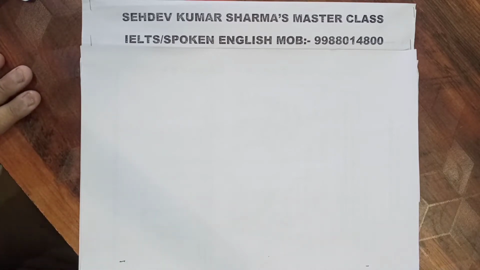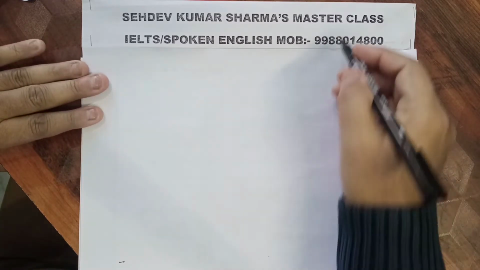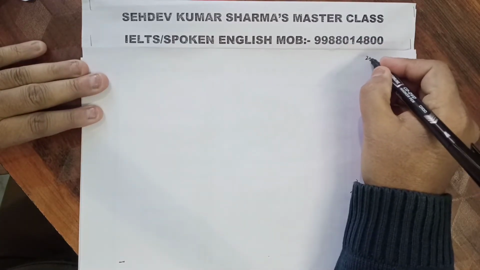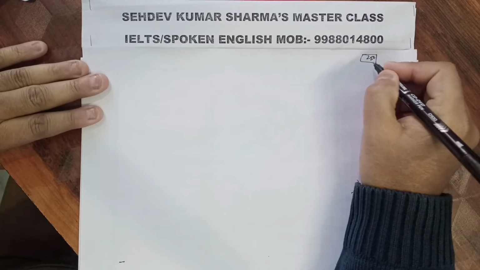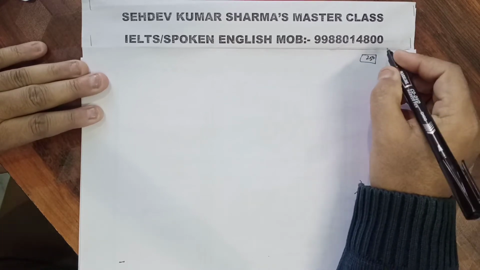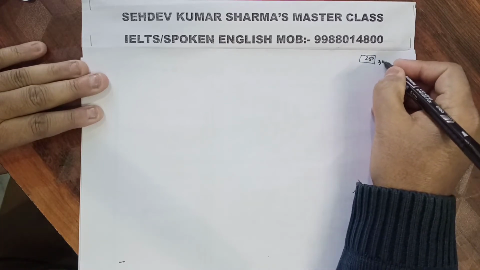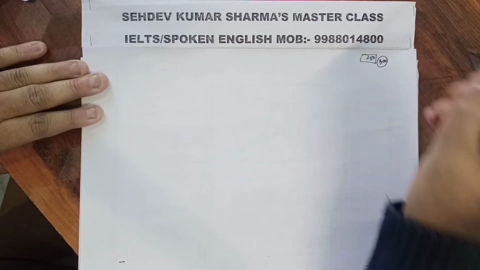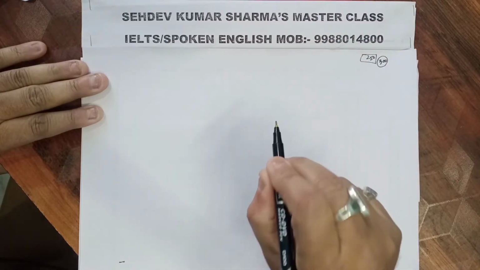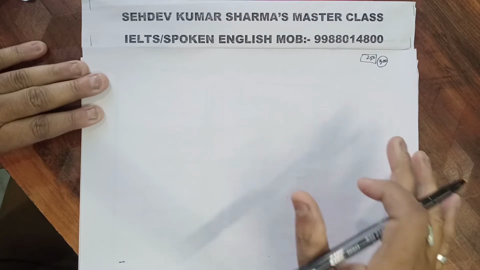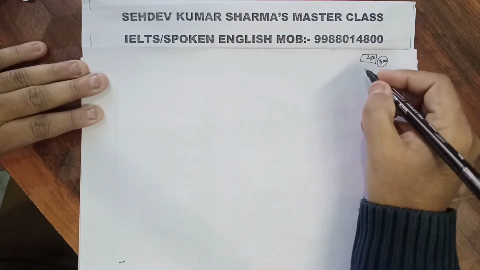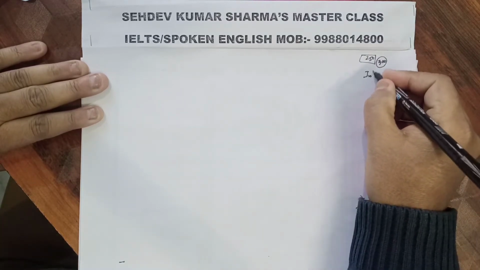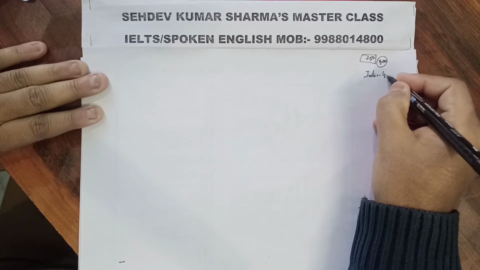My dear students, we all know that we require around 250 words for your task 2. So I recommend my students to write at least 300. Let us talk about the basic plan for our task 2. What is the basic plan? If I talk about the intro, it will go around 40 words.